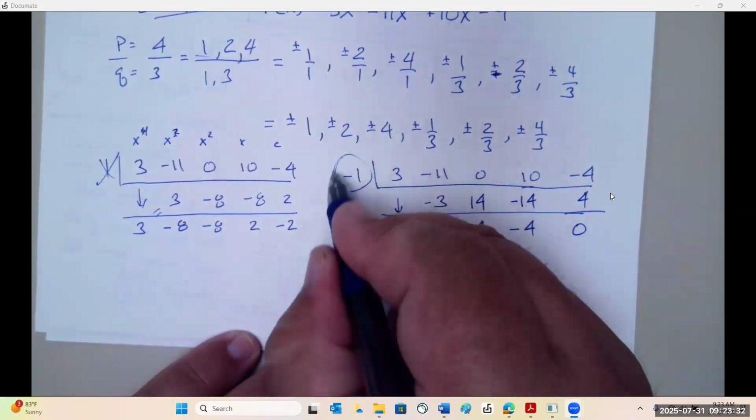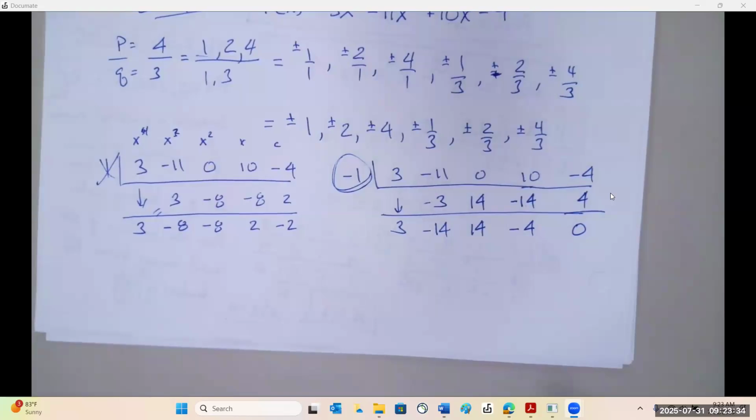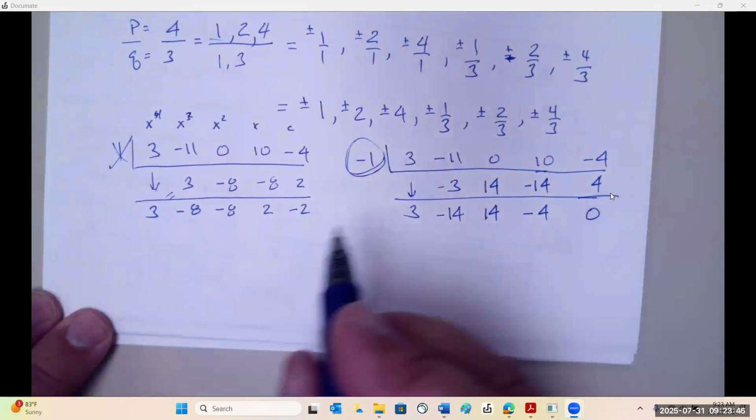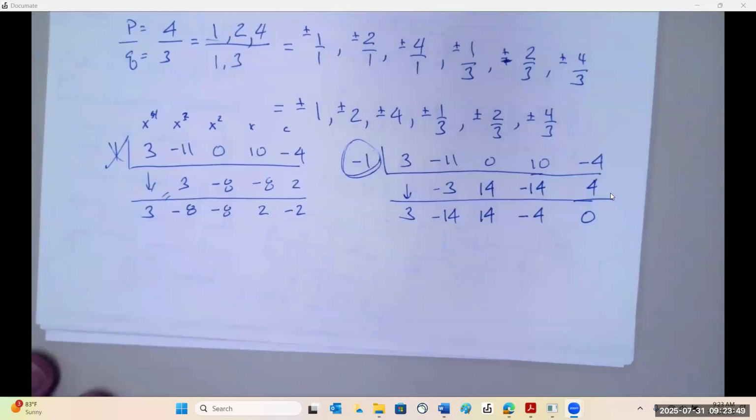So here's my first solution. So we know that x equals -1 is one of my solutions.